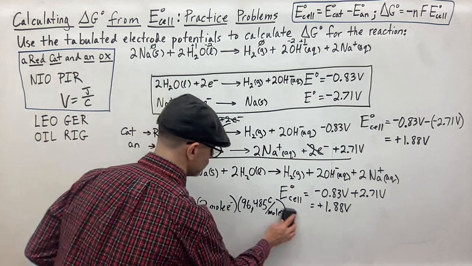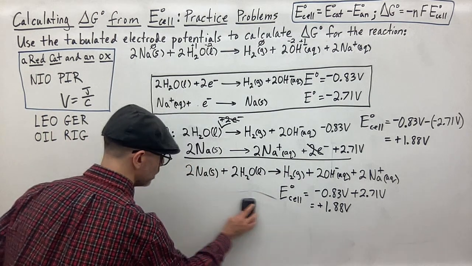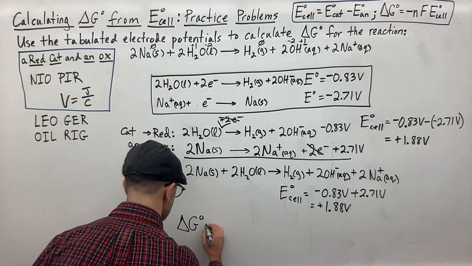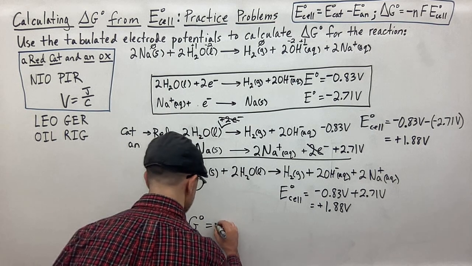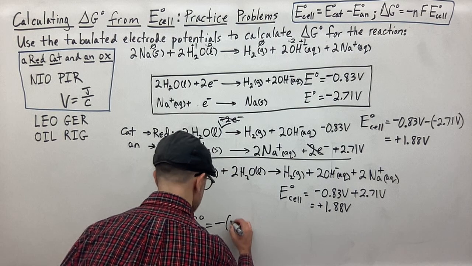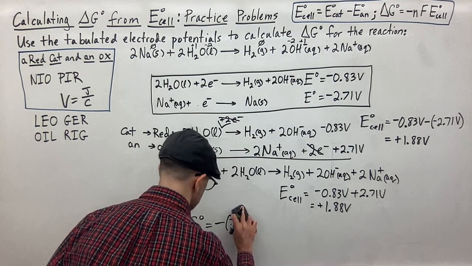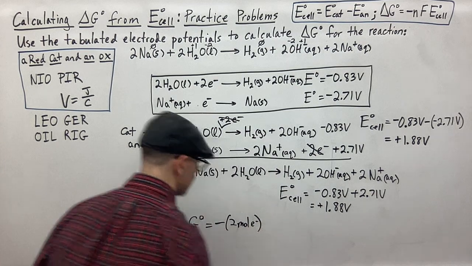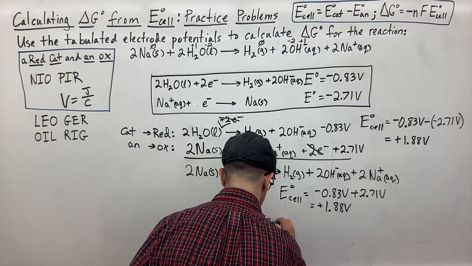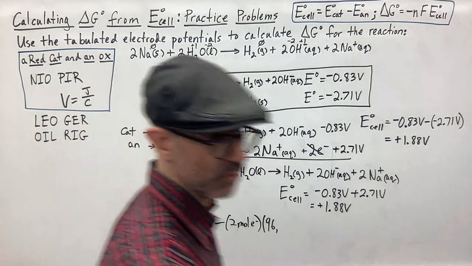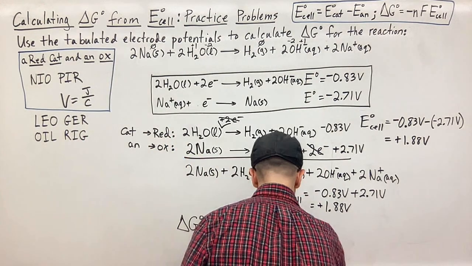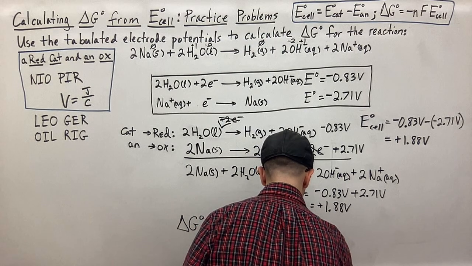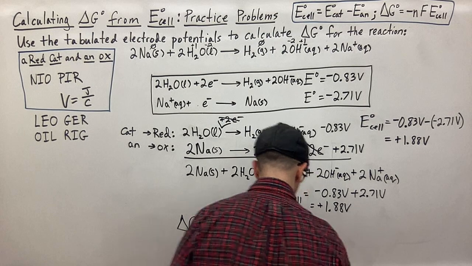So delta G, the standard free energy change, is equal to negative n, which is 2 moles of electrons, multiplied by 96,485 coulombs per mole of electrons.